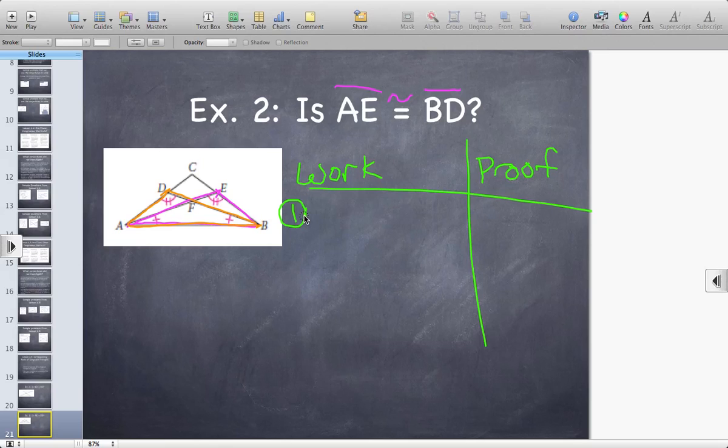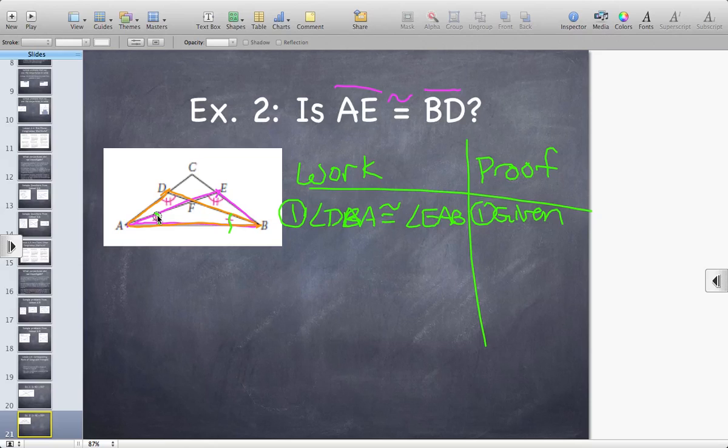Angle DBA is congruent to angle EAB. And that's a given. The markings there tell us that. This is angle DBA, and this is angle EAB.